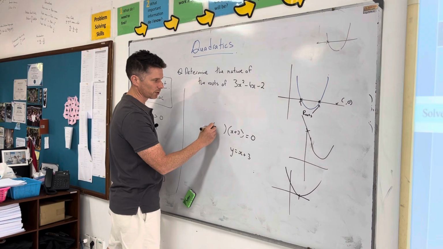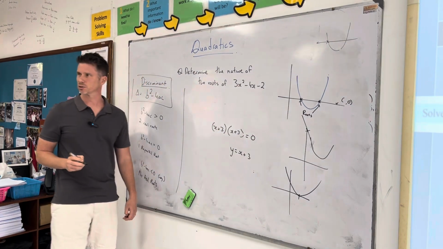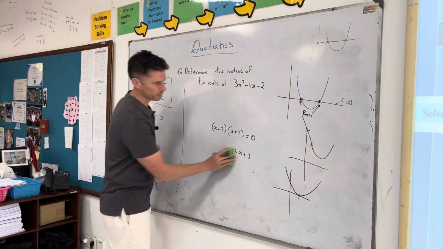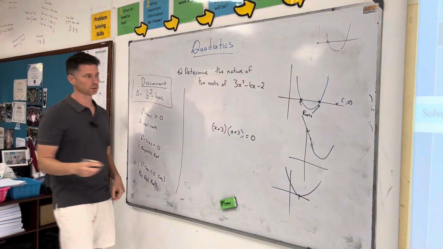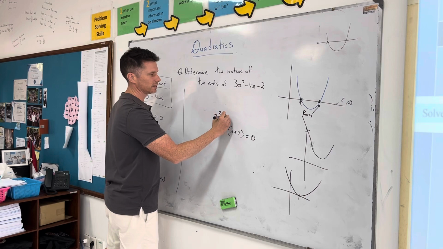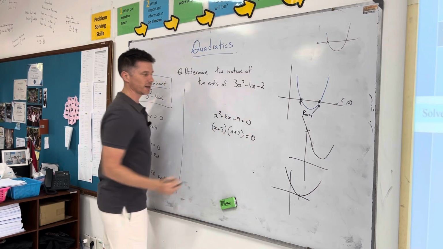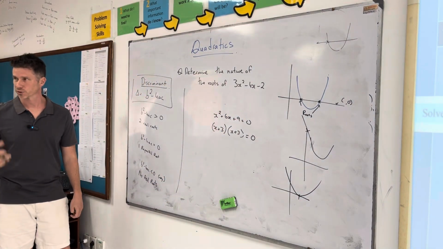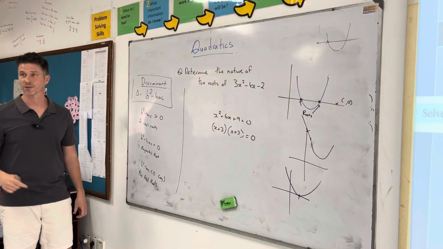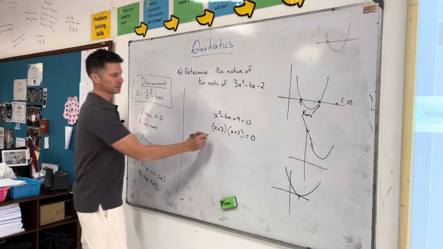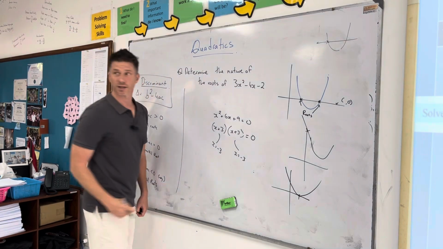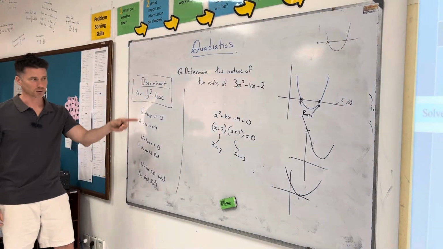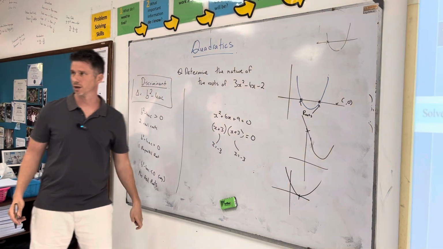It's actually a perfect square. It's x plus 3 times x plus 3. That's what it looks like if we factorize. So an equation like this has a repeated root. It is x plus 3 twice, or x minus 3 twice. So you get the same answer out of it twice, and that's why it's repeated. It factorizes to have the same things in the bracket, a perfect square.